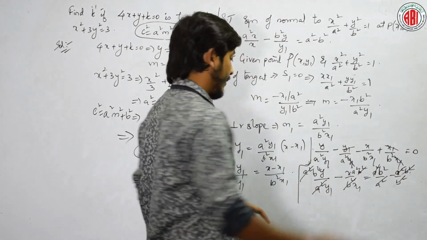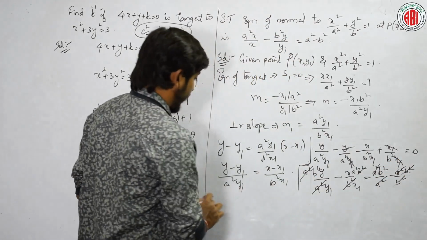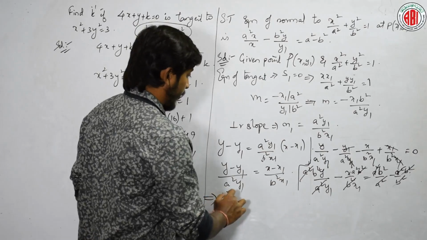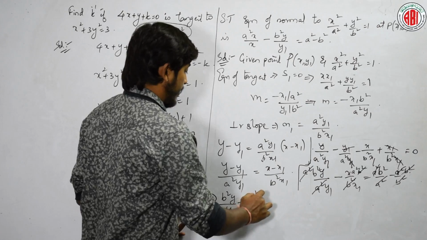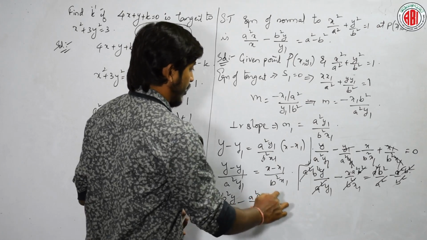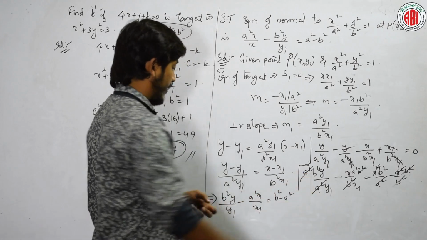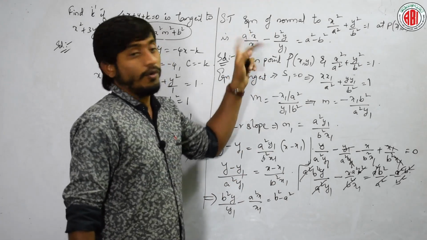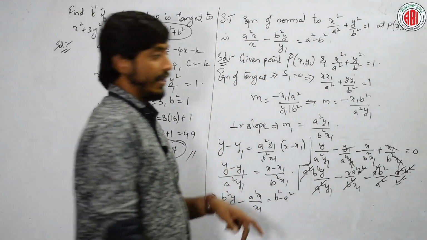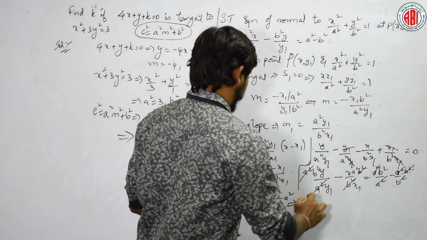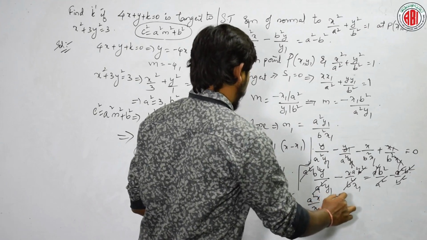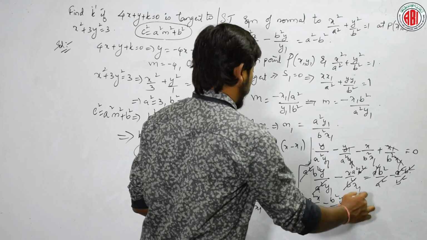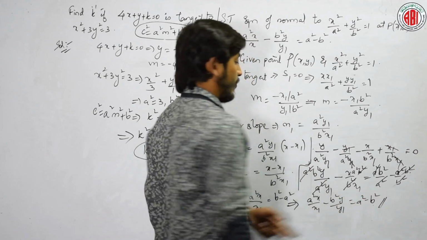So, what do I get? b square y by y1 minus a square x by x1 is equal to b square minus a square. Let us take the negative sign common and we will get a square x by x1 minus b square y by y1 is equal to a square minus b square.